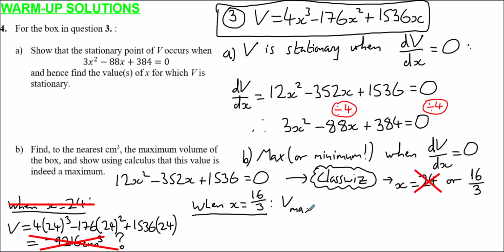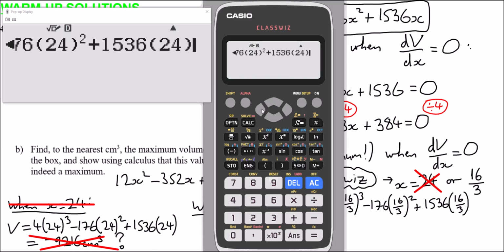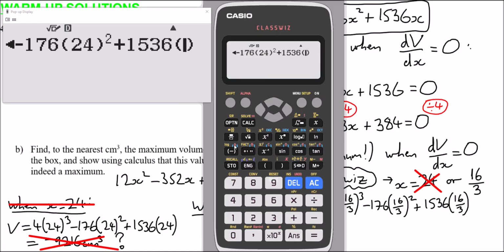Vmax is going to be 4 times 16 over 3 cubed minus 176, 16 over 3 all squared plus 1536 times 16 over 3. So we can work out our maximum volume, and hopefully we should get a more reasonable answer. So I'm just going to switch 24 for 16 over 3 in each instance.